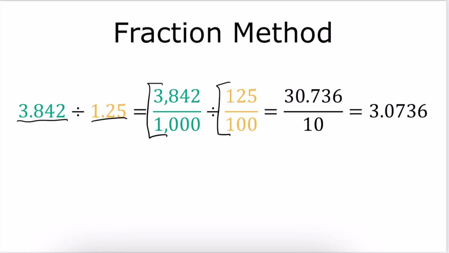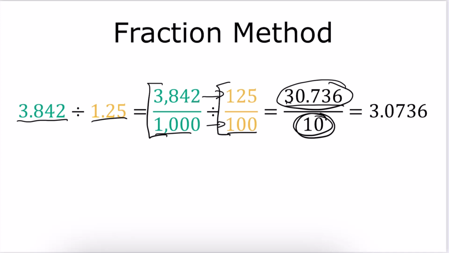And in this case, because we have 1,000 and 100, those two numbers are very easily divisible, so you can use the fraction method of division by just dividing straight across. And if you do 1,000 divided by 100, you get 10. If you do 3,842 divided by 125, you get this decimal. And then to find your final answer, you would take this result and divide by 10.